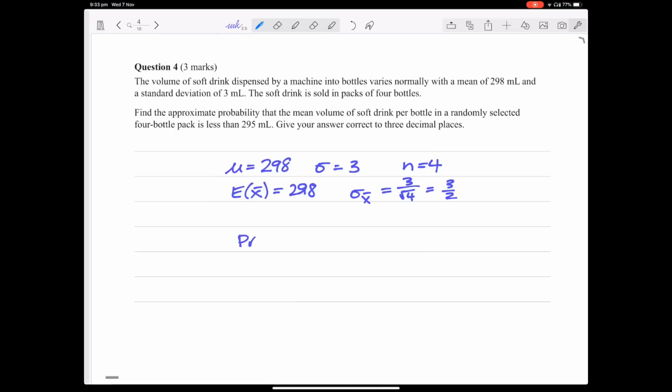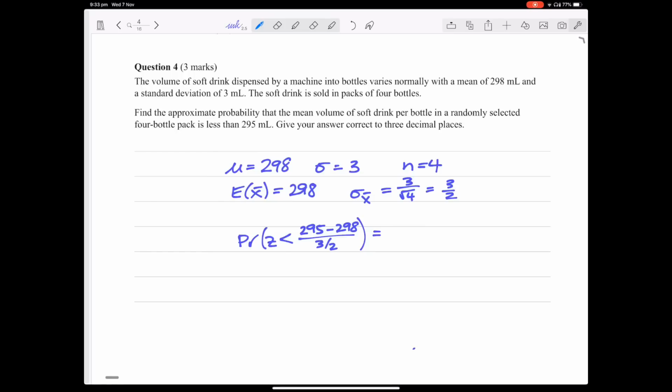We want the probability that x bar is less than 295, but we're going to say 295 minus 298 on 3 on 2 to get a z value.